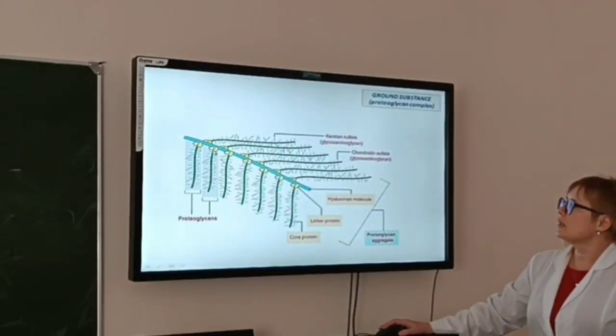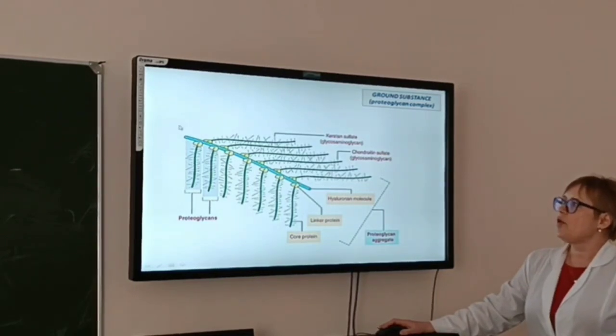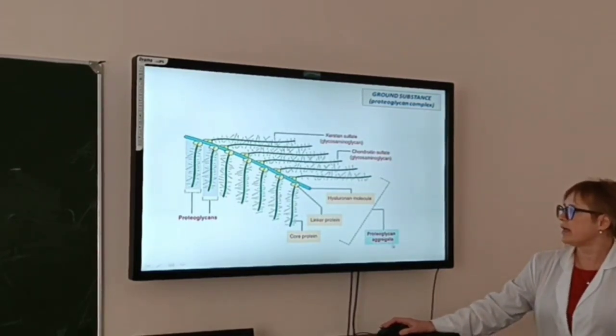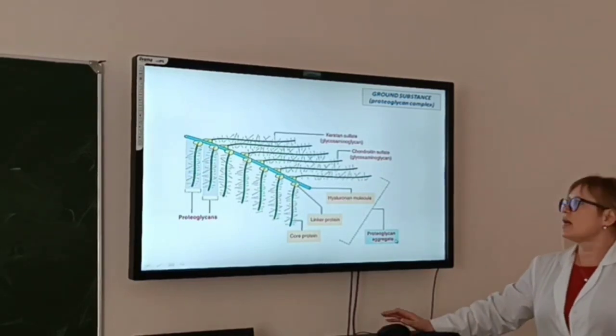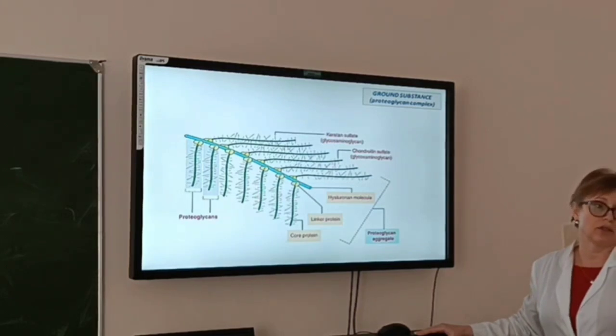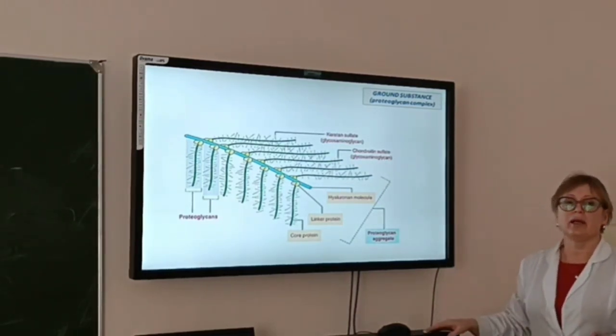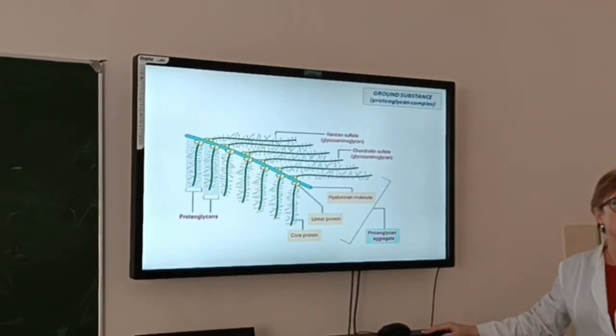Proteoglycans, using linker protein, can attach to the hyaluronic acid molecule, shown in blue color, to form a giant molecule, the proteoglycan aggregate. Such molecules we can find, for example, in the cartilage, because the main function of glycosaminoglycans in the cartilage is that it attracts water.